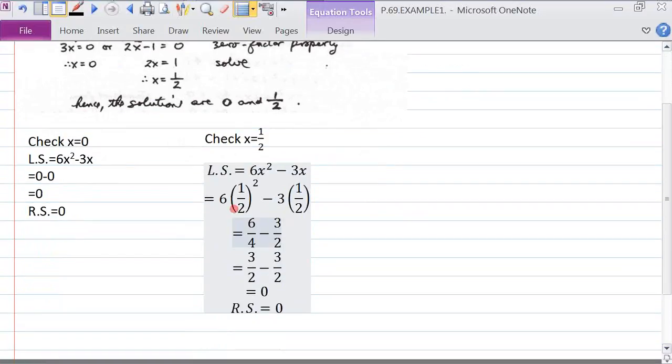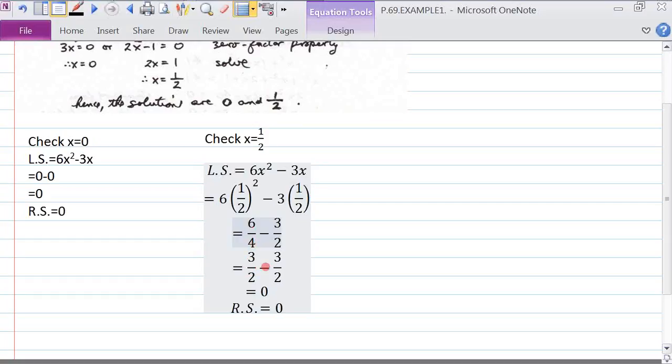Now, 1/2 squared is 1/4, and 6 times 1/4 is 6/4. 3 times 1/2 is 3/2, because remember the 3 is 3/1. 6/4 reduces, dividing both by 2, to 3/2.